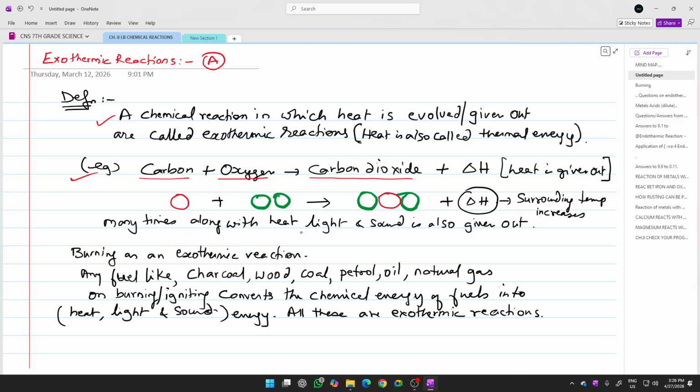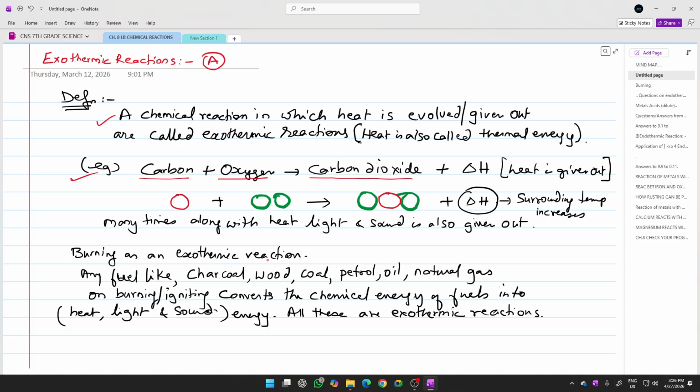Many times along with the heat, light and sound energy is also given out. Whenever heat energy is being given out, it will be seen in the form of either light or sound or both.